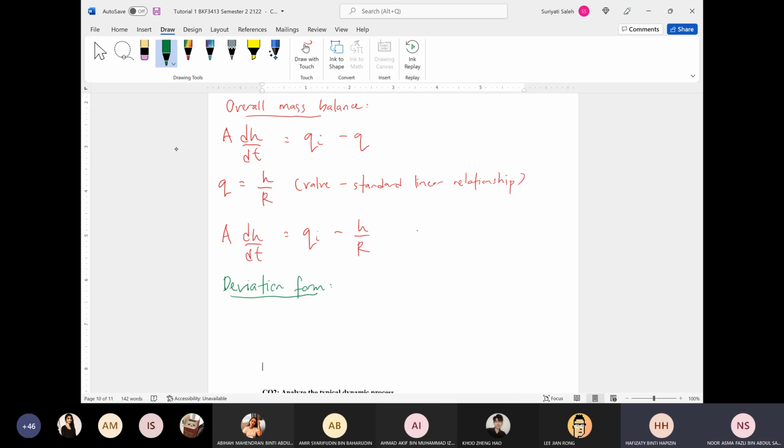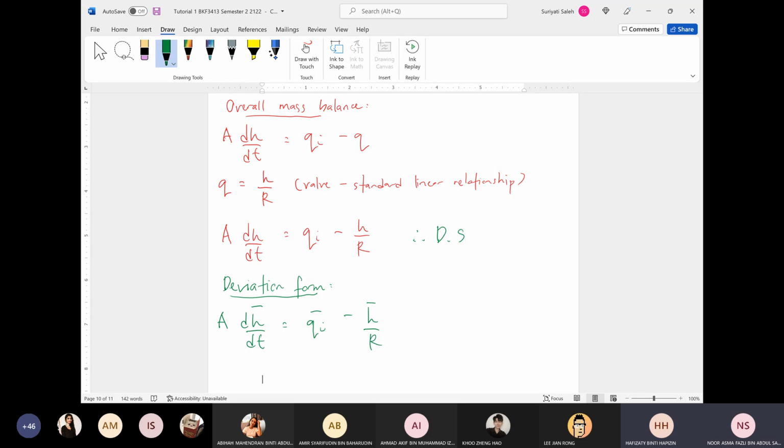This is your dynamic state equation. Now we want to obtain our steady state equation, where A dH bar over dt equal to Qi bar minus H bar over R.